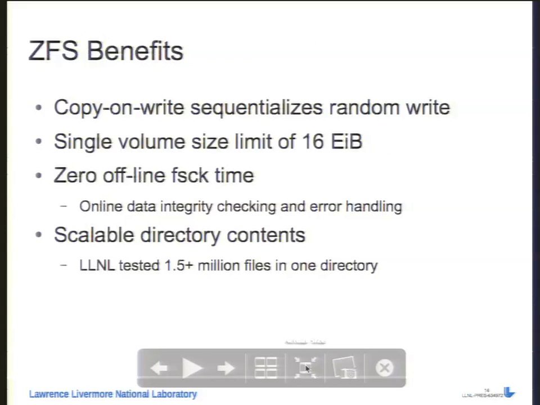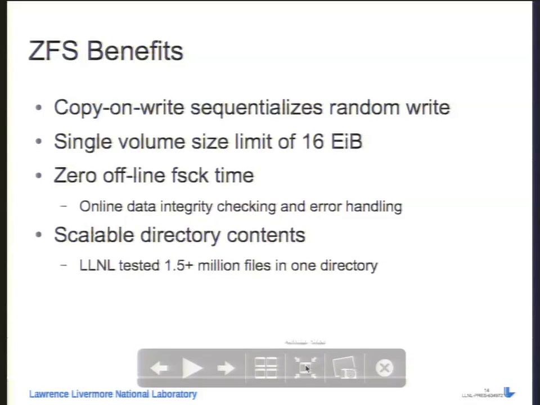You've probably heard these before. We've talked about this a lot, so I'll be brief. Some of the benefits of ZFS are that it's a copy-on-write file system. So that means that all of the random writes that a back-end file system sees, no matter how well-formed the I/O is from your application, by the time it gets to the OST backend in Lustre, that data all looks random to the disk.